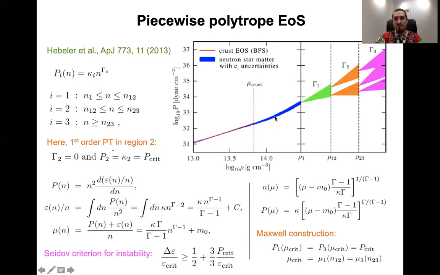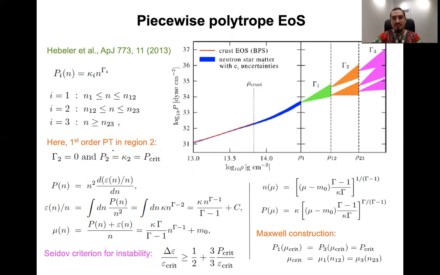As you can see here, there's some degree of uncertainty in the equation of state that we choose to fulfill constraints. But as we go further into high densities, the degree of uncertainty grows, and over there we can vary the parameters in order to describe different possibilities.